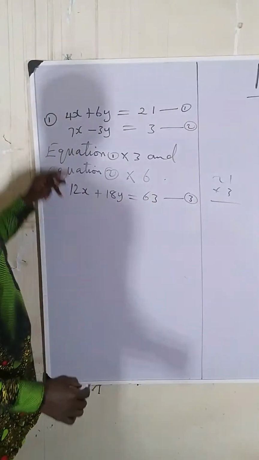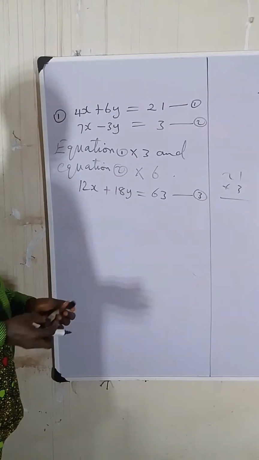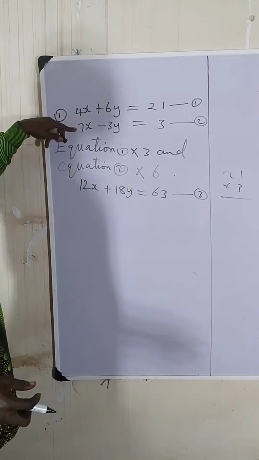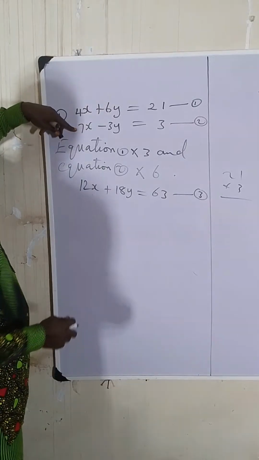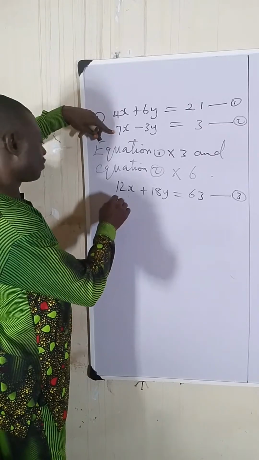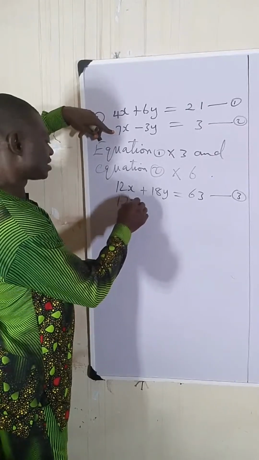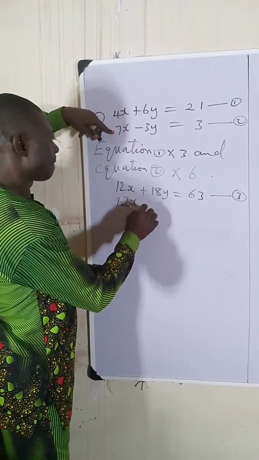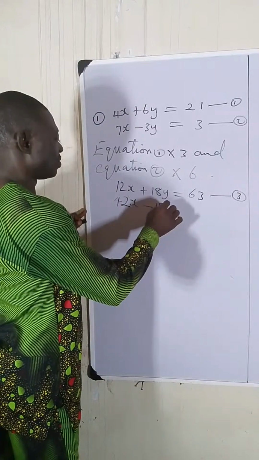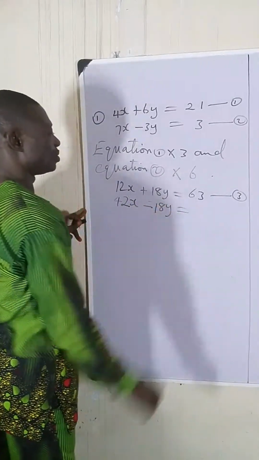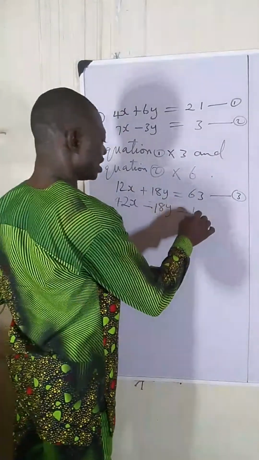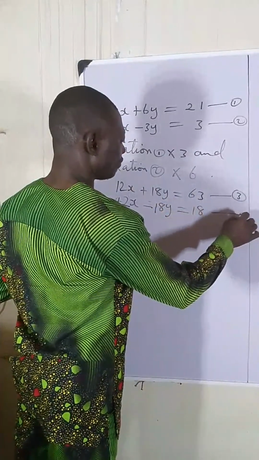Remember, equation 3 is coming from equation 1. And equation 2 times 6 gives us 7 times 6, which is 42x, minus 3 times 6, which is 18y, and that is equal to 3 times 6, which gives us 18. That is equation 4.